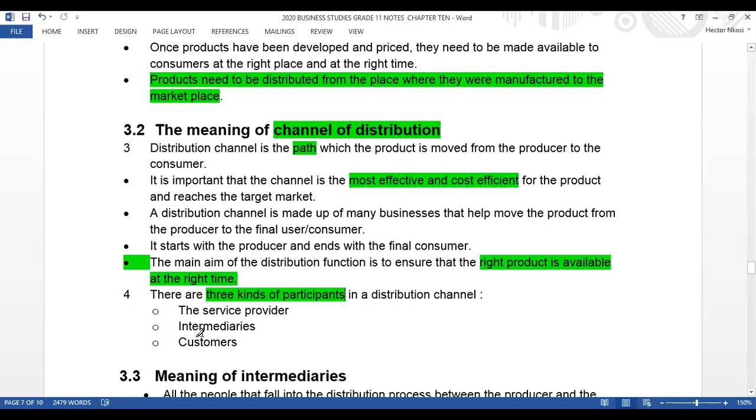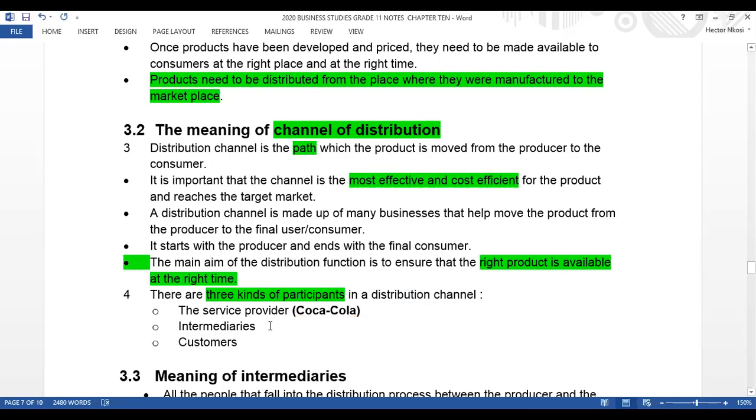Earlier on, I made an example with Coca-Cola. We said Coca-Cola will be our service provider, because they manufacture cold drinks, your Coca-Cola, isn't it?